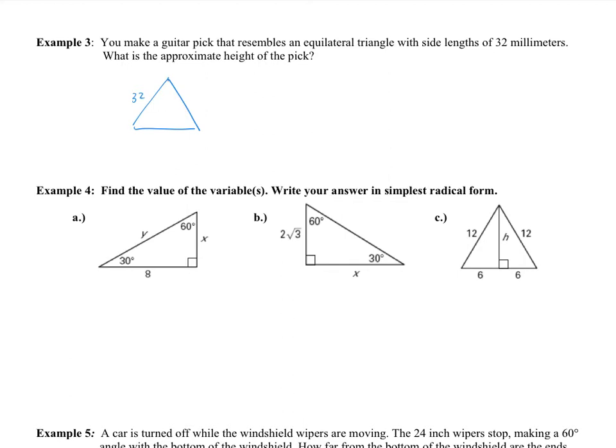So I'm going to draw an altitude to the opposite side, and it's going to bisect this one side here, and then I know this is 60 degrees, and this is 90 degrees, and this will be 30 degrees, and half of 32 is 16.